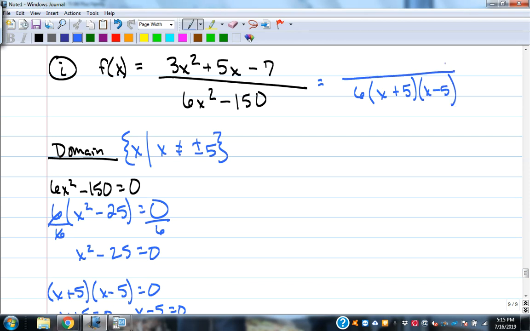I'm going to try to factor the numerator. I don't know if it does or not, but we're going to try it. So I'd use the x method. 3 times -7 is -21, and add to be 5. Well, the only ways to get 21 are 7 and 3 and 21 and 1. So if I did 7 and -3, that's 4 that it adds up to be. So that doesn't factor. So it doesn't simplify.